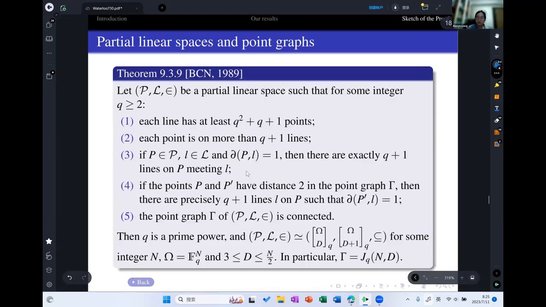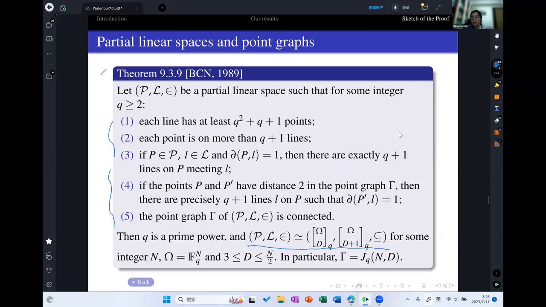To prove our main result, we use BCN's theorem 9.3.9. This theorem shows that if we have a partial linear space satisfying these 5 conditions, then this partial linear space is isomorphic to this one.